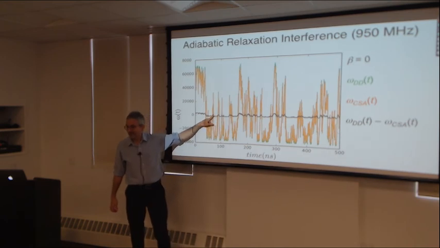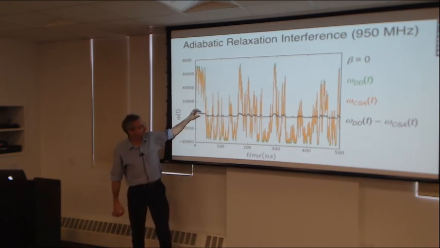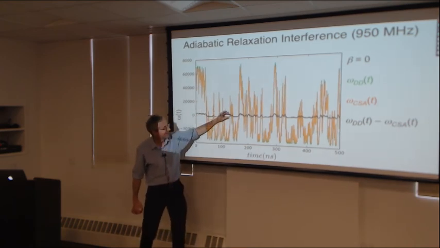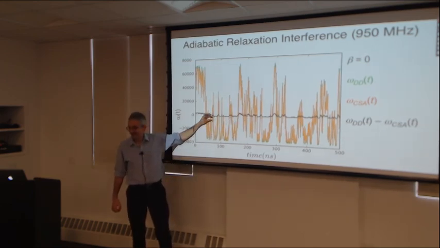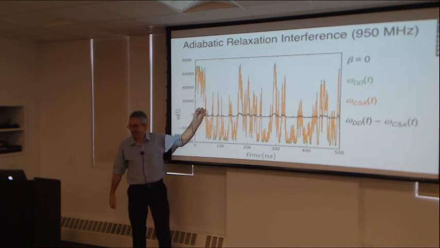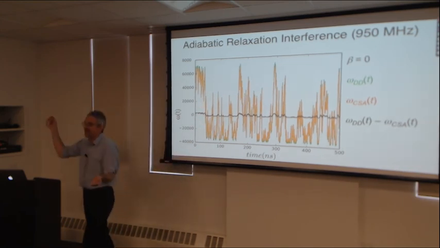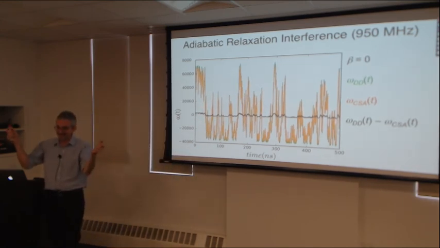For that doublet component, relaxation depends on the variance in the black curve, and the line will be narrow. Even though the individual Hamiltonians are fluctuating like mad, their difference is barely fluctuating at all, and therefore relaxation will be reduced.